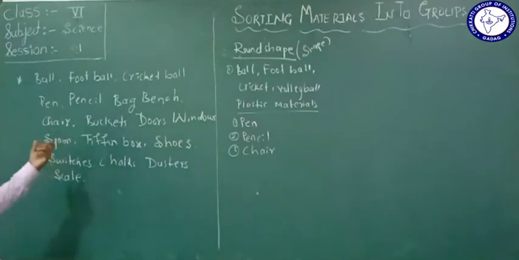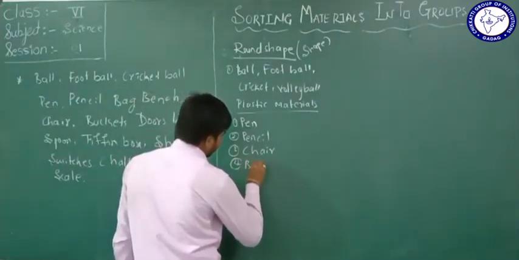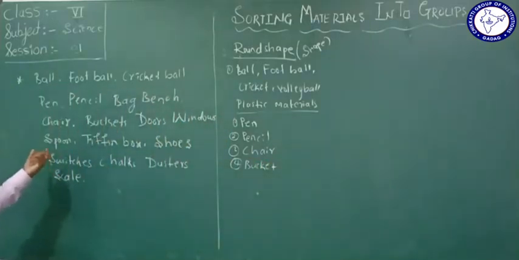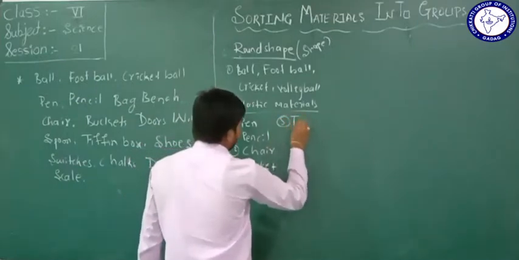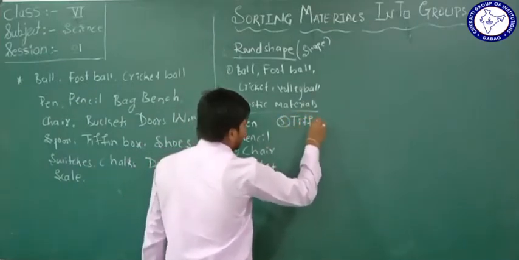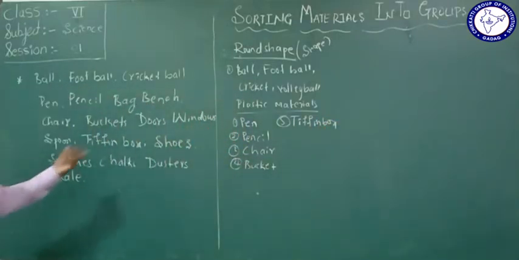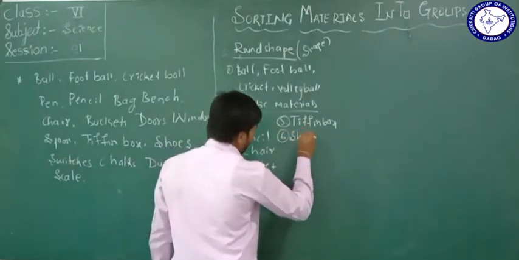Next, buckets, yes, they are also made of plastic. Then next, tiffin box, maybe the tiffin box is also made of plastic material, isn't it? Next, shoes, maybe shoes are also made of plastic materials.